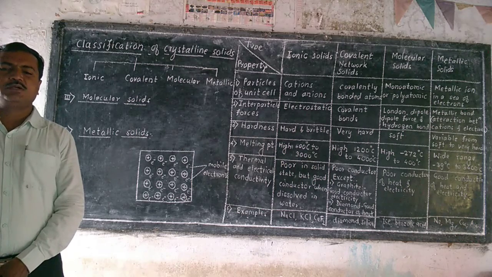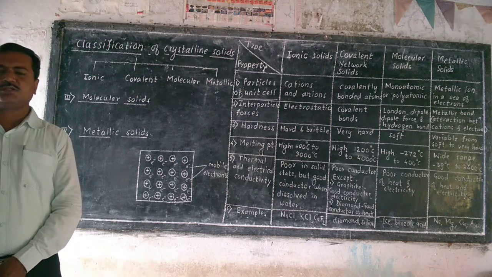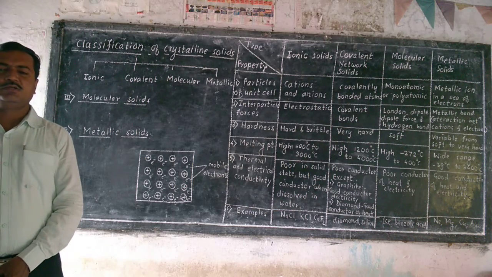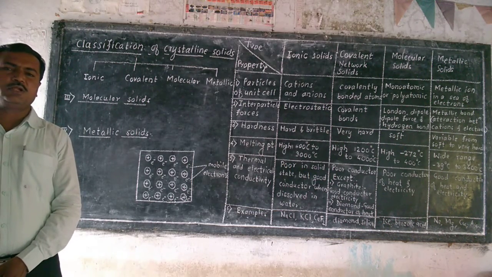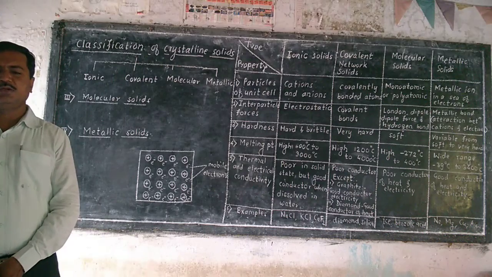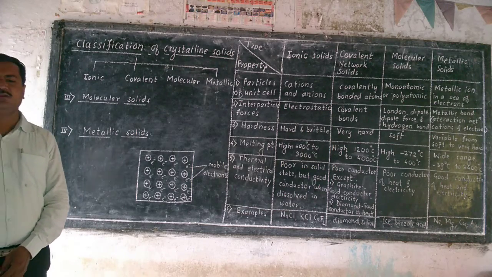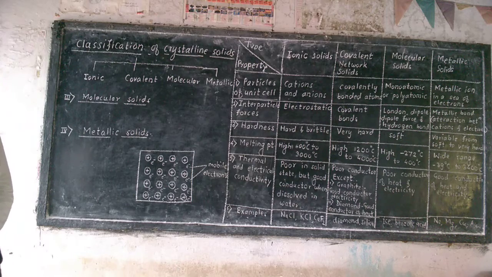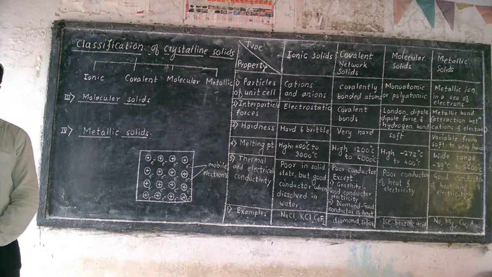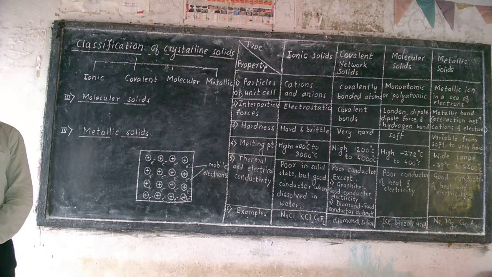Second, very weak dispersion force or London force. This is present in non-polar molecules like methane, hydrogen. They are present also in monoatomic molecules like neon. Third, intermolecular hydrogen bonding present in ice, H2O, then ammonia and hydrogen fluoride.